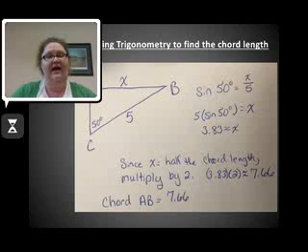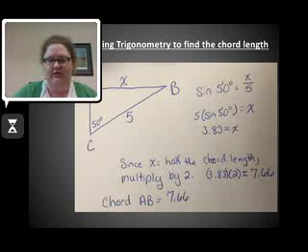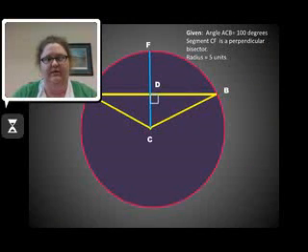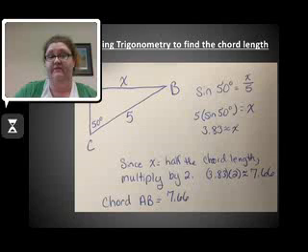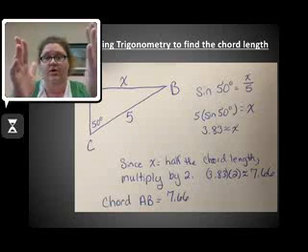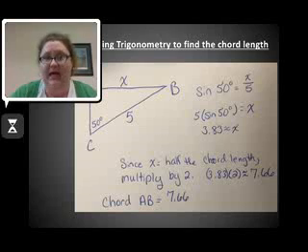I have taken one of the right triangles out of that circle from the last slide. You can see I've got triangle CDB, and I took that from here. So now I can use some trigonometry. I know that angle C is 50 degrees because a perpendicular bisector not only bisects that one chord, but it also bisects the angle.